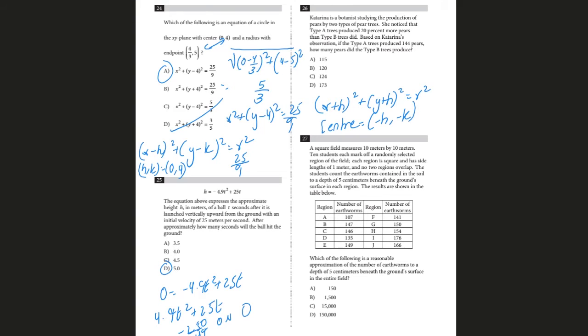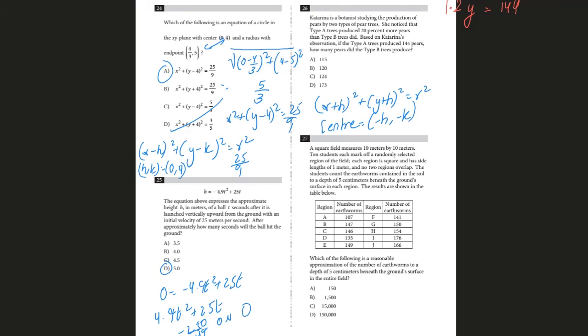If we put type B as y, then y is the number of pears produced by B, and 144 is 20% more than y. So 1.2y equals 144.